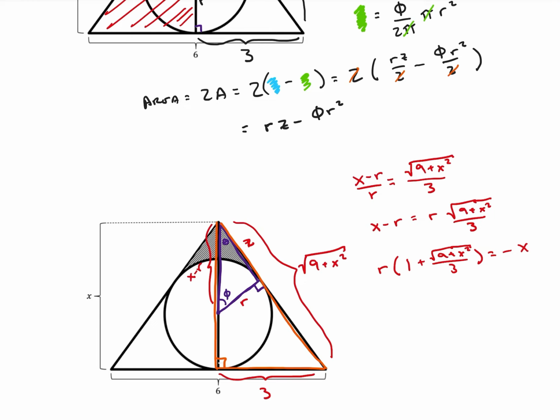And if I divide that out, I'm going to get the radius is equal to that negative x times 1 divided by 1 plus the square root of 9 plus x squared divided by 3.